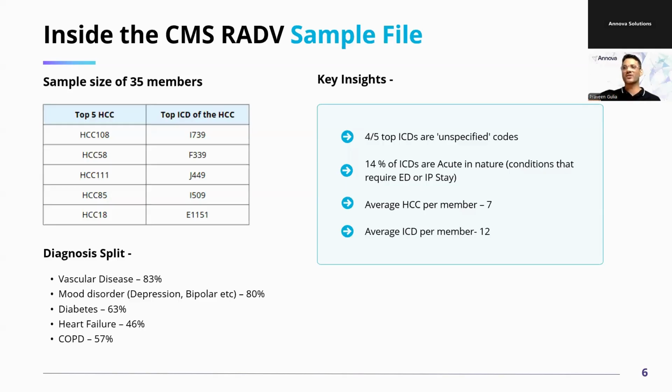As you can see here, these are the top 5 HCCs and ICDs which are part of the audit. The first is peripheral vascular disease, or PVD, and that is the first thing in the audit scope, which is almost 83% of the sample, or 83% of 35 people suffering from vascular disease, or at least that is there in the claims data.